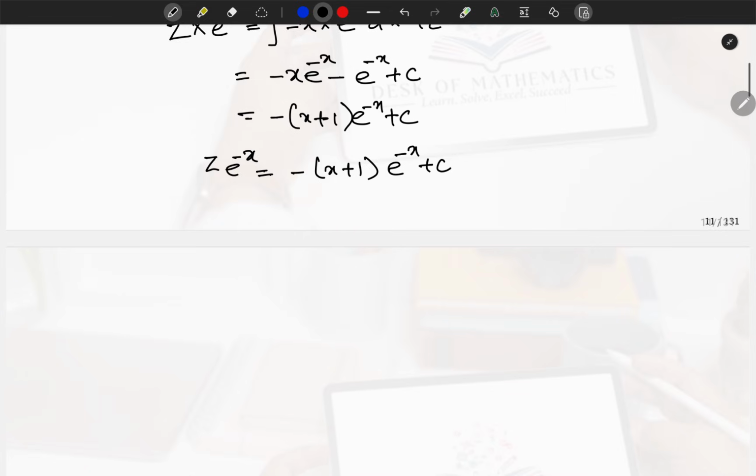So what will you do? We will divide by e raised to the power minus x on both sides. So we will get z is equal to minus (x plus 1), since e raised to the power minus x will cancel, and plus c e raised to the power x.